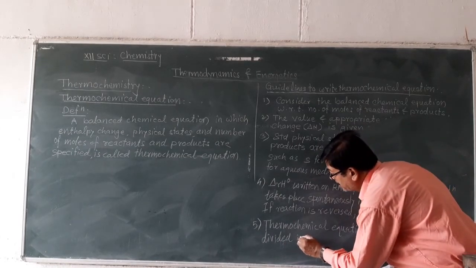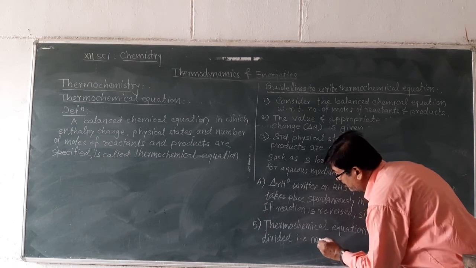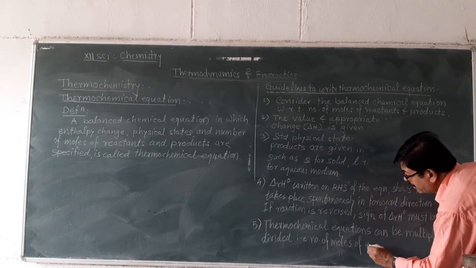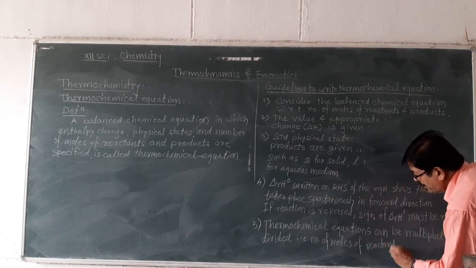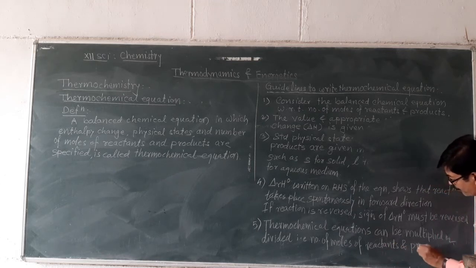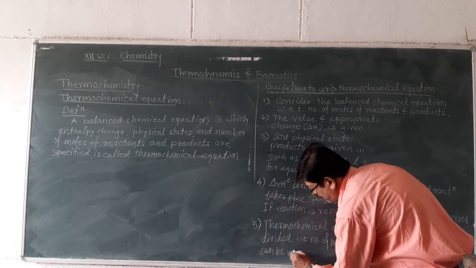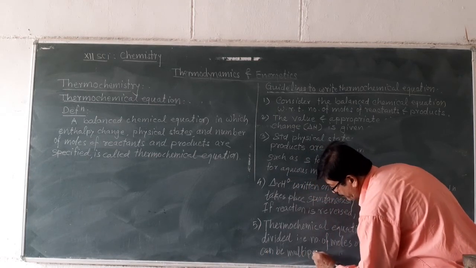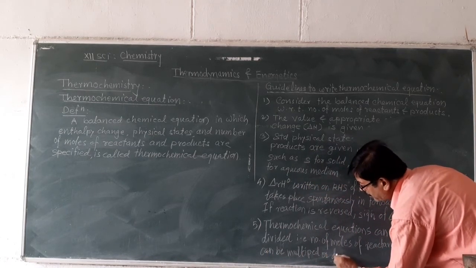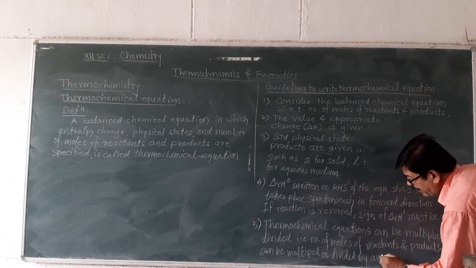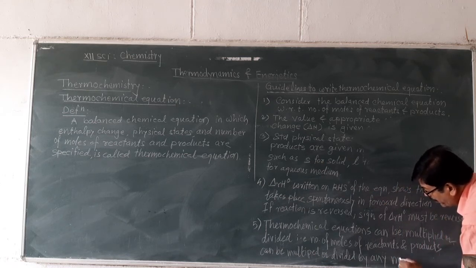That means number of moles of reactants and products can be multiplied or divided by any numerical factor or number.